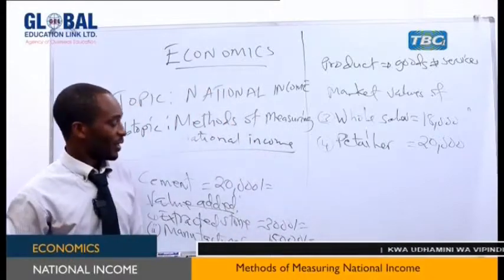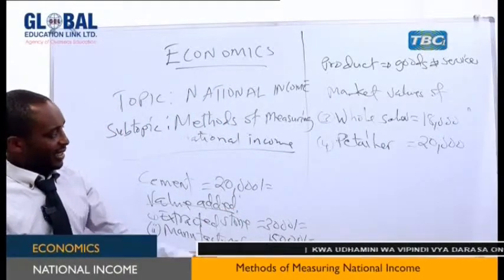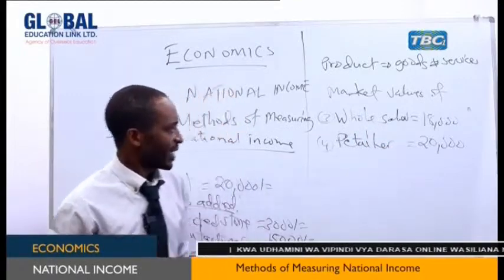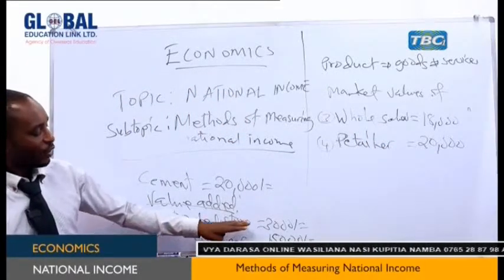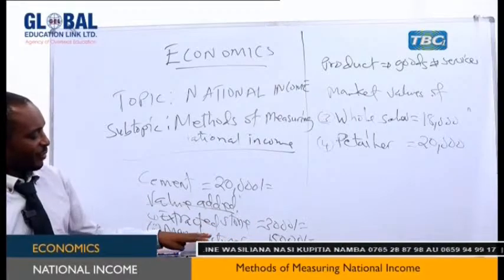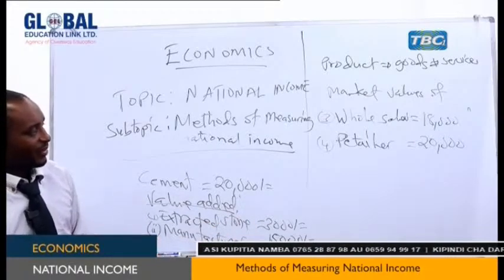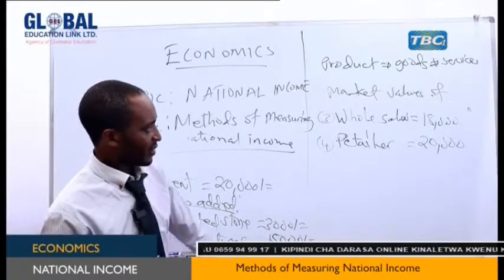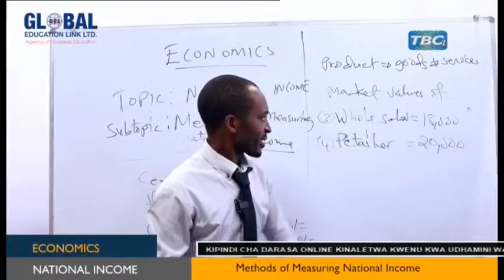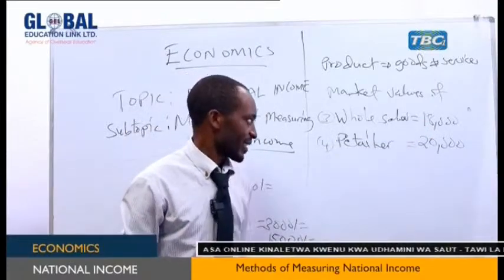Now, if you add all these figures, you get the total incomes from each person: 18, 36, then 56.